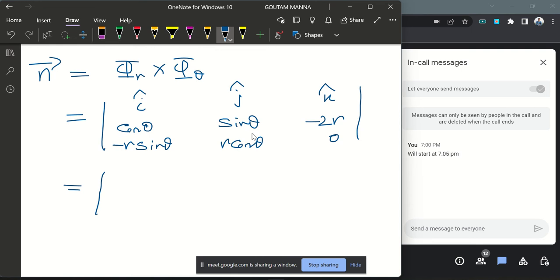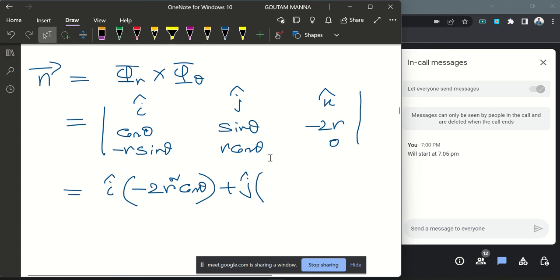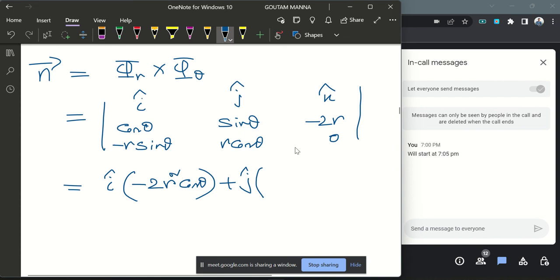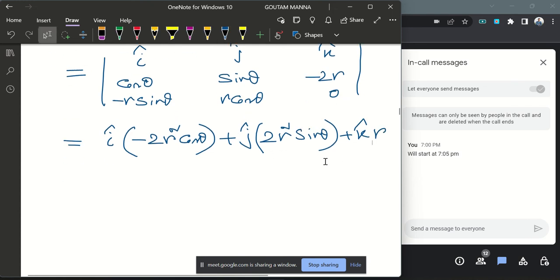So then it will be i hat times 2 r square cos theta plus j hat times 2 r square sin theta plus k hat r, because sin square theta plus cos square theta is 1.